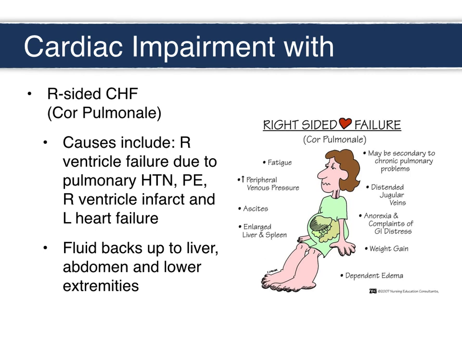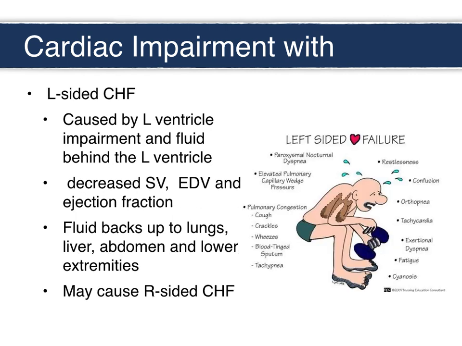It's kind of bulging out in the neck, and sometimes it's even a little pulsatile. Okay, veins aren't pulsatile, right? That's not good. That's because there's so much fluid backed up into the right jugular vein. When we think about left-sided heart failure, this is almost always due to left ventricular impairment.